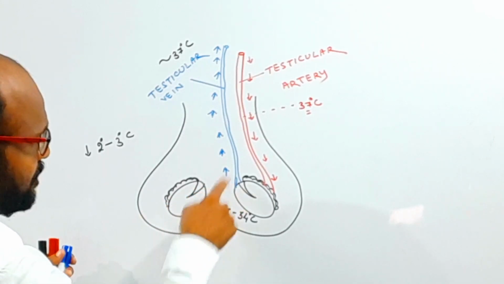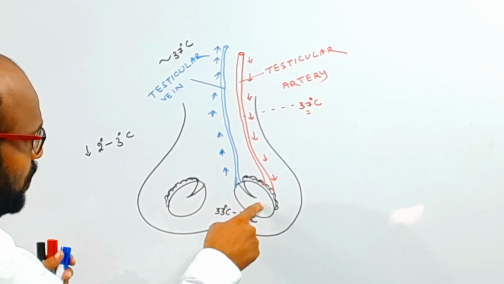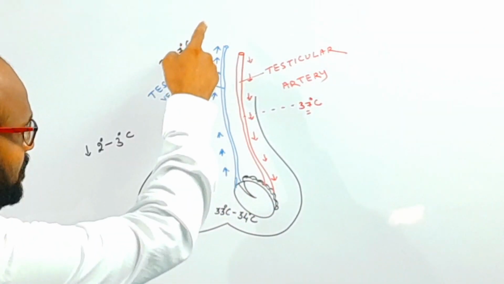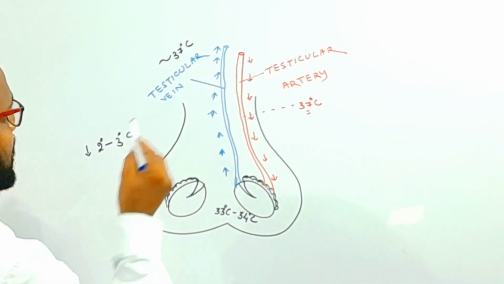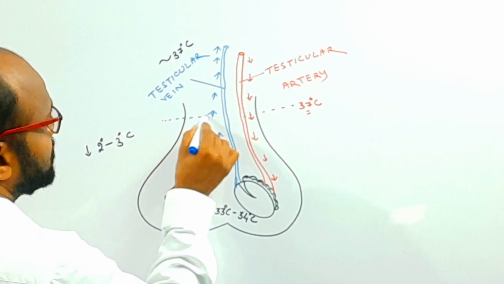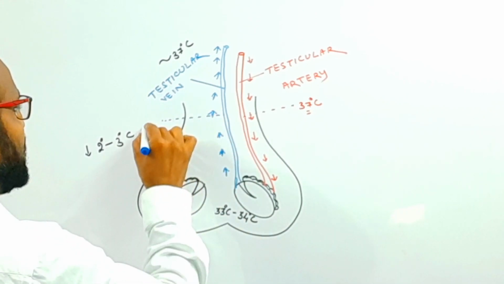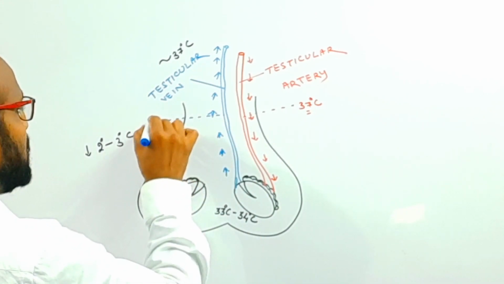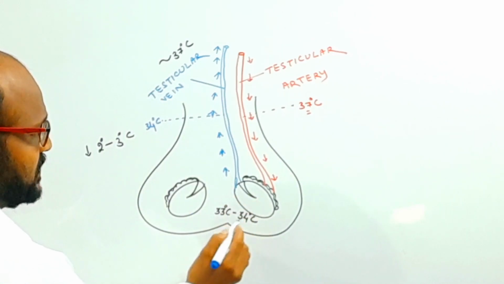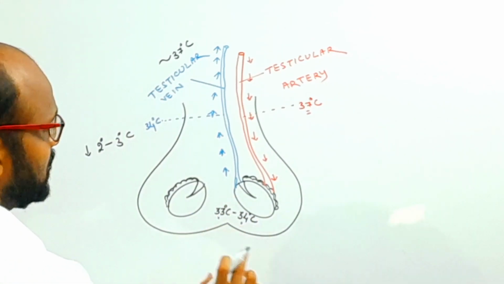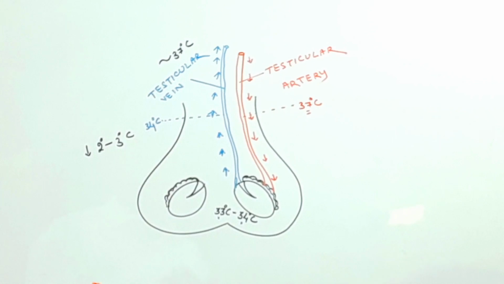So after circulation, the blood comes back to the body, and here the temperature should be 34 degrees centigrade because it comes out from the cooler environment, that is, 33 to 34 degrees centigrade.